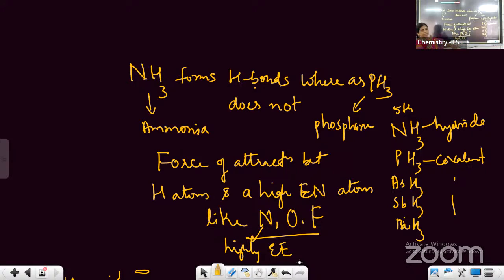Phosphine does not form hydrogen bonds due to its low electronegativity. That's it, you will get 2 marks. So these two, ammonia and phosphine, are hydrides of the 15th group.